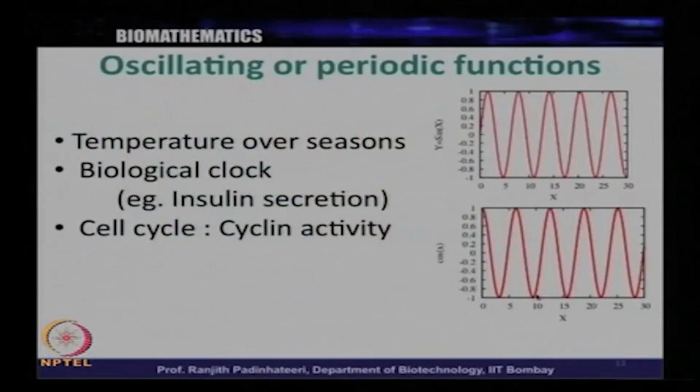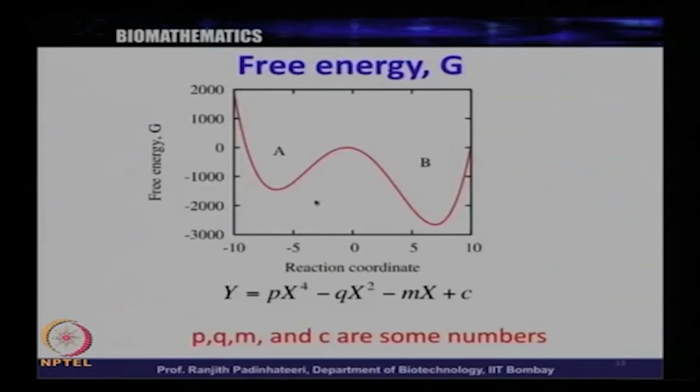Now, we understand sin x and cos x, let us move to some other functions. Here is another example which we see biologically very often. In biology, we see this thing called free energy. In thermodynamics, we see free energy. And any reaction, if you want to explain, we use this free energy diagram, as we see here. This has two minima.